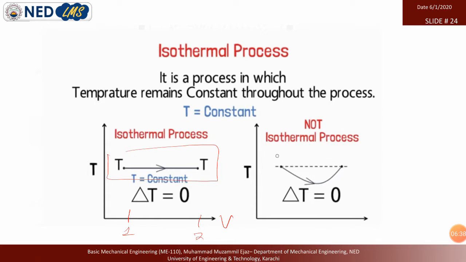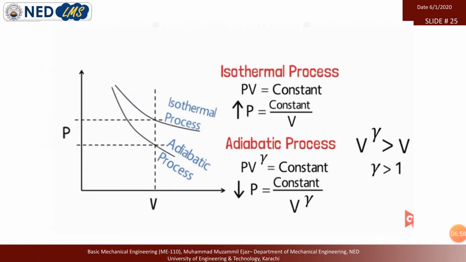But in figure 2 the temperature values are the same, like here we have, let's suppose, a temperature of 4 degrees centigrade, and here we also have 4 degrees centigrade, but during the process the temperature is decreasing and then increasing, so it is not an isothermal process. It could be an adiabatic process.